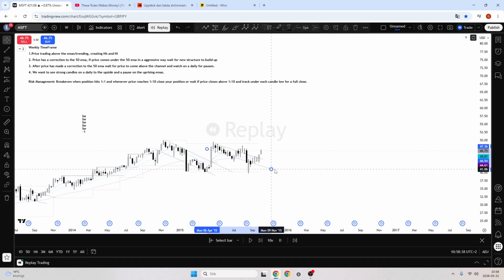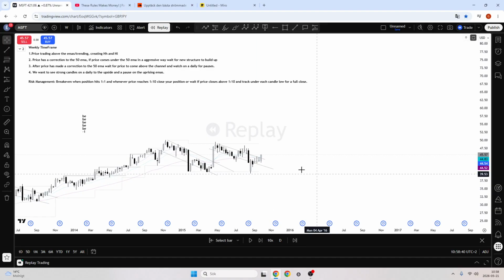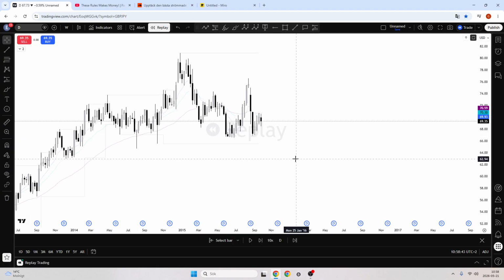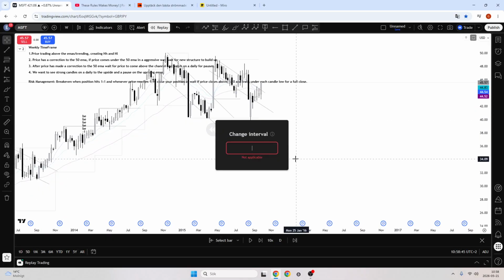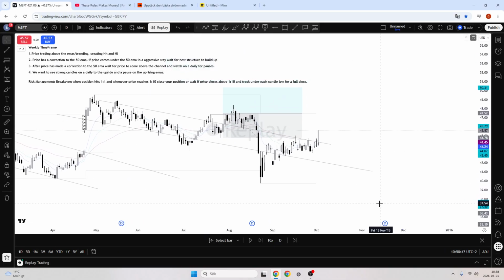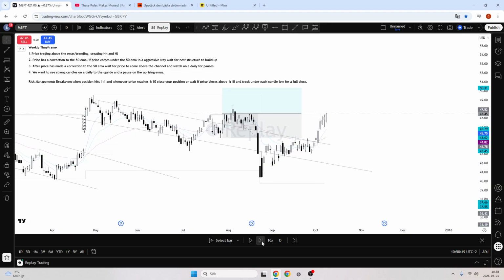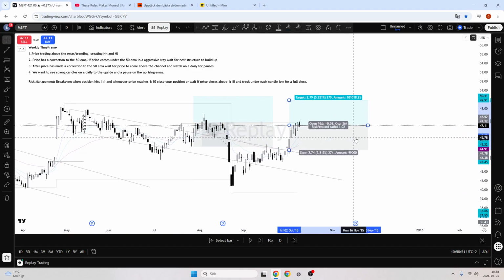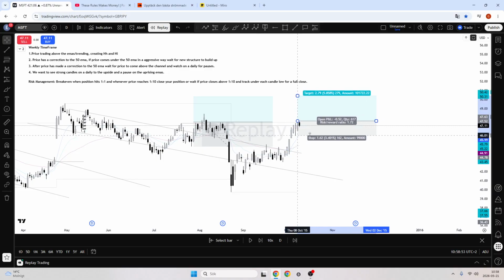Actually comes above this channel right here at these points. I'm sorry, it's a little bit too fast. So I would check for opportunity right here if we can pause, just like that. I will simply throw a buy stop right here.